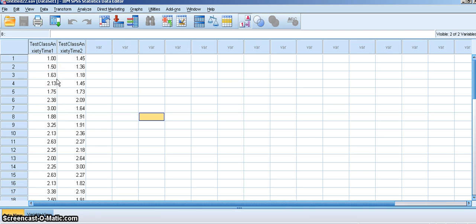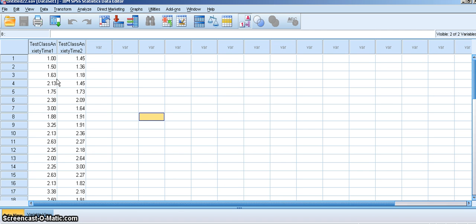Just like with the independent t-test, we can talk about significant differences, or we can hypothesize that maybe one score is higher than the other. In our particular case, we were talking about test anxiety. So we were hopeful that with time, our anxiety is going to decrease.